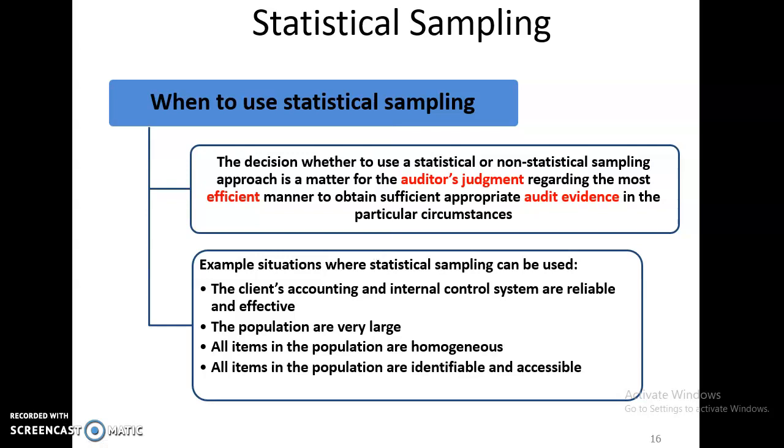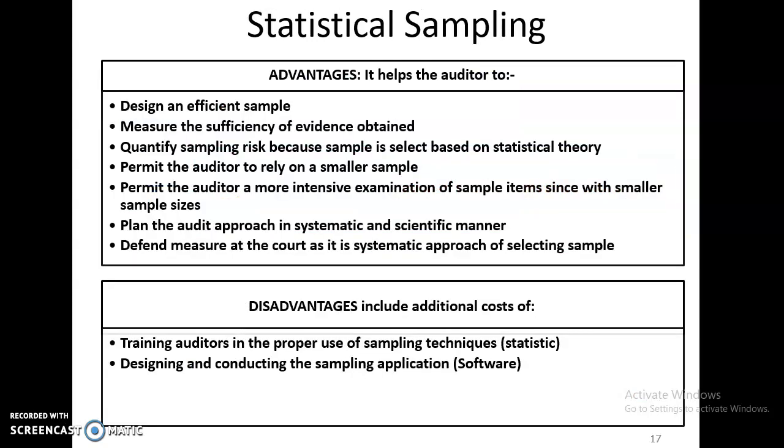Most of the time, we use statistical sampling when the client's accounting and internal control systems are reliable and effective, involve a large population, as I mentioned just now. It could be a hypermarket or an organization where so many transactions happen daily. The populations are homogeneous, and the populations are identifiable and accessible.